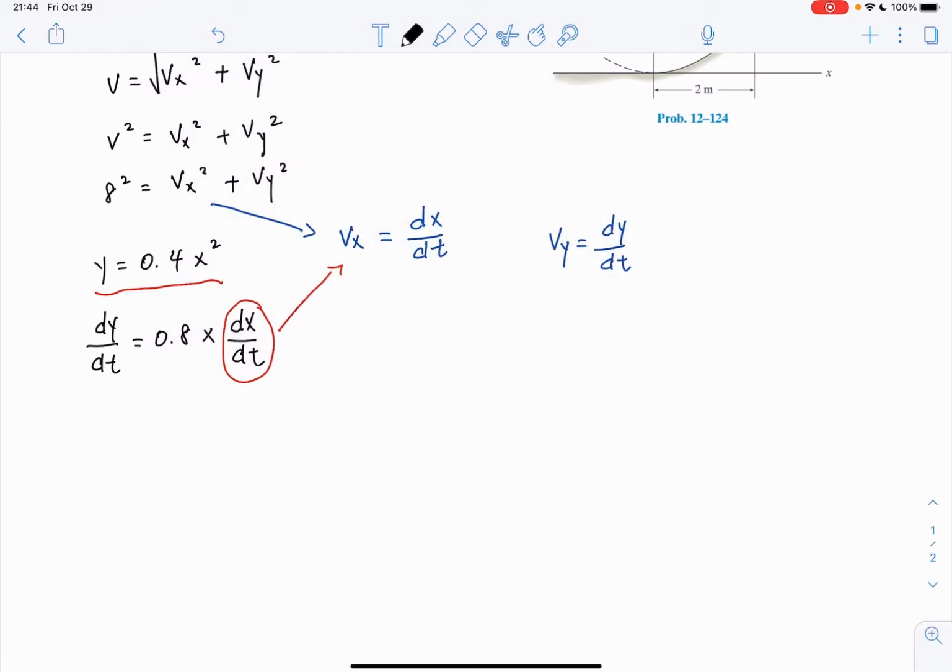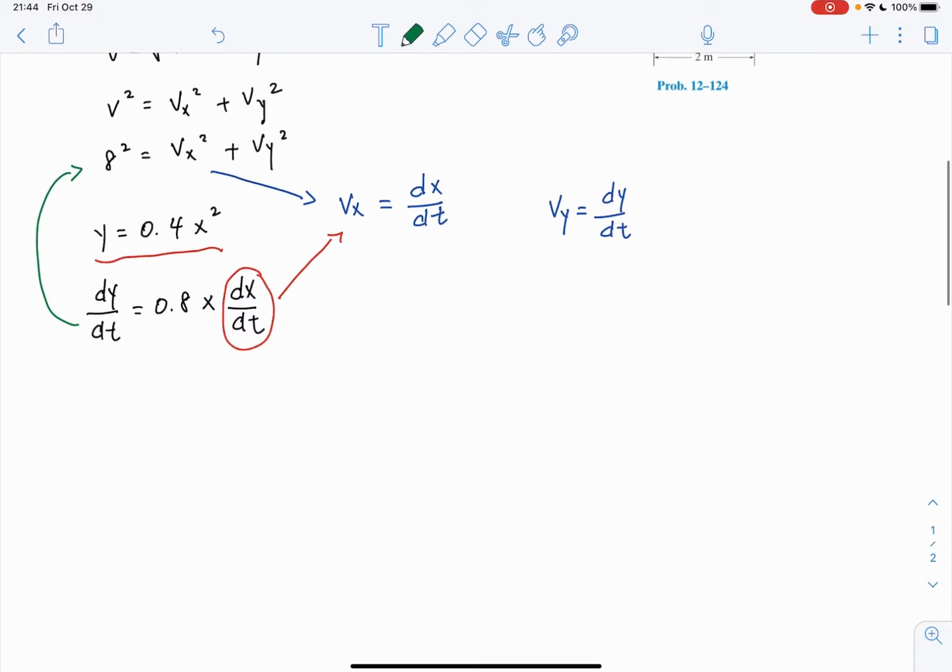So now we are going to replace dx over dt back into this formula, because we are given this formula, to get either vx or vy. Both work.